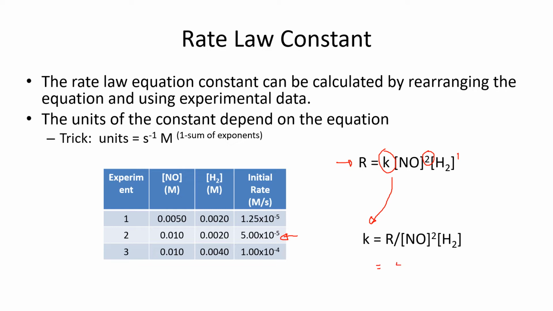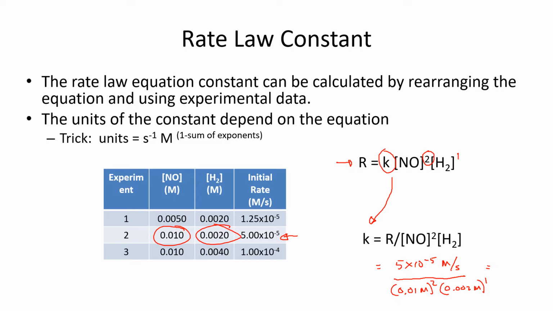So the rate here is 5 times 10 to the negative 5 moles per liter per second. And under that, we're going to put the concentration of nitrogen monoxide, which is this guy. So 0.01 moles per liter, that's to the power of 2. And the hydrogen is this guy, 0.002 moles per liter, and that's the power of 1.